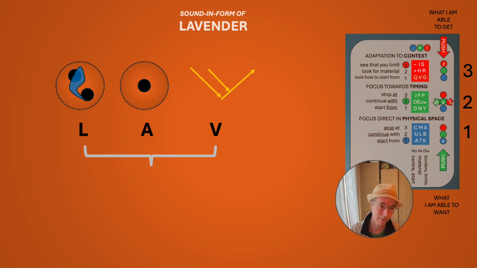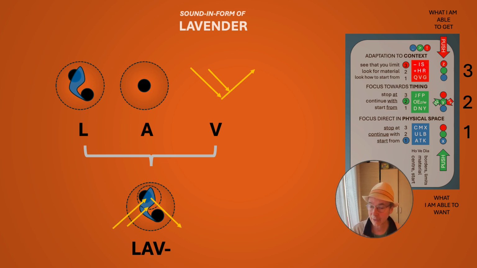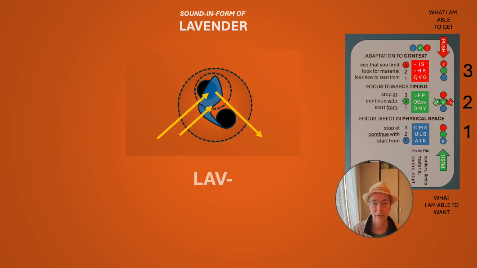So I will keep the order that I see here, and so the L with A will get my focus also up, and the V has to follow and reorganizes its material from there. So I have this already. So I have the first part, love.